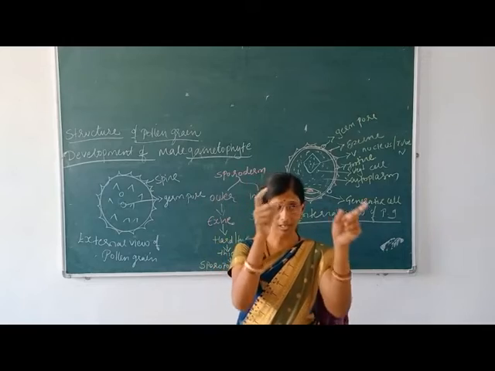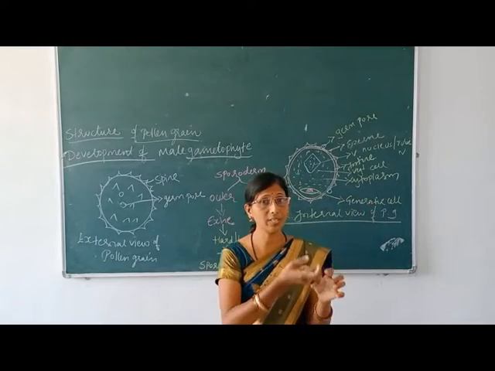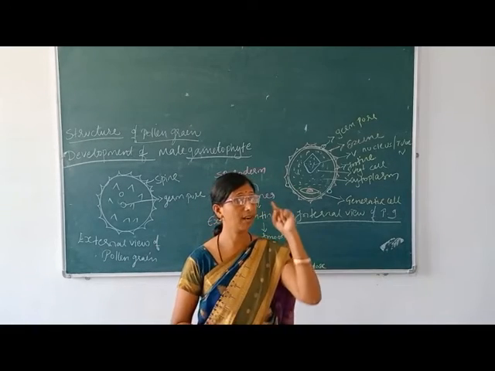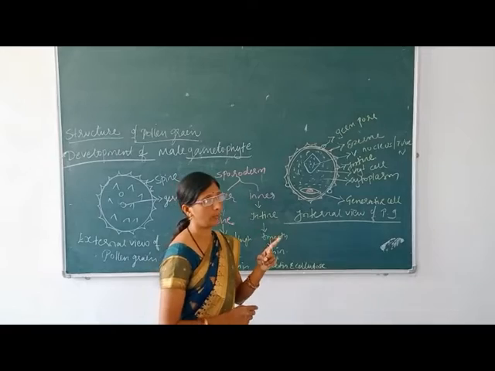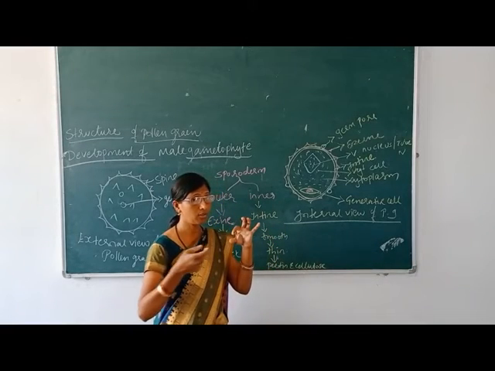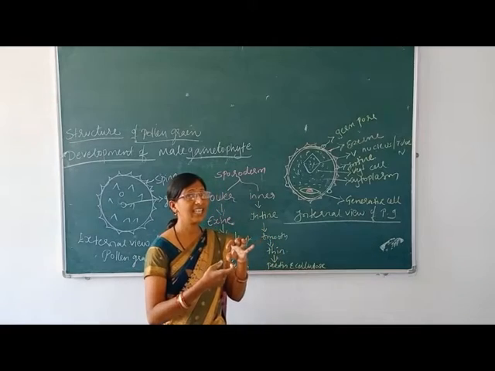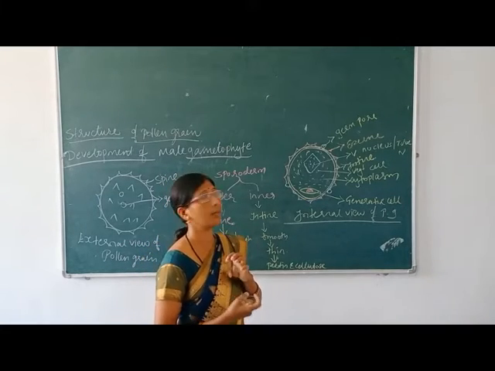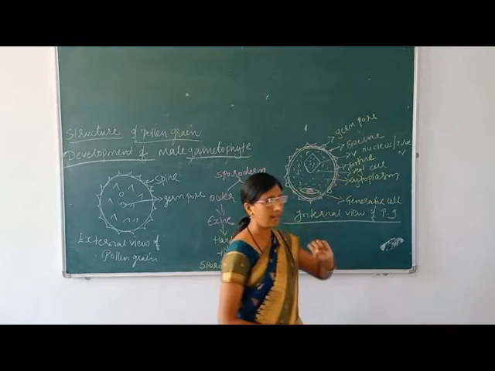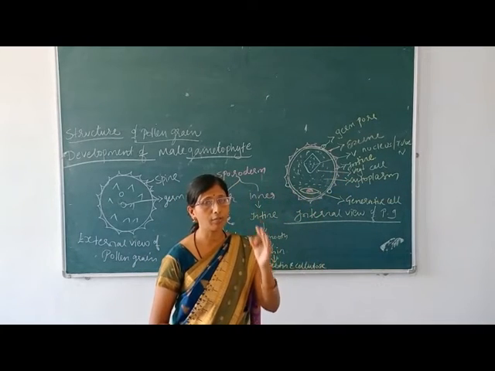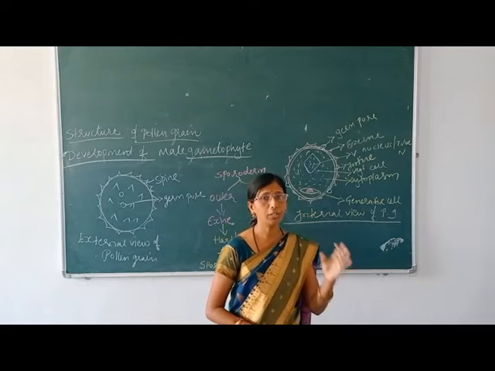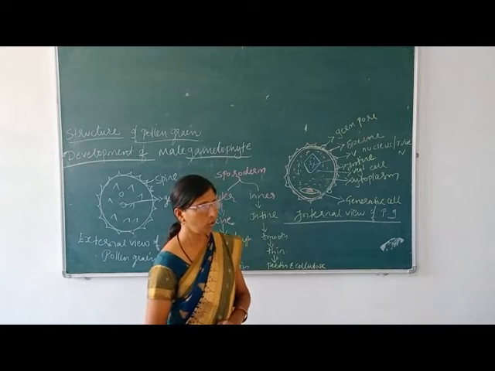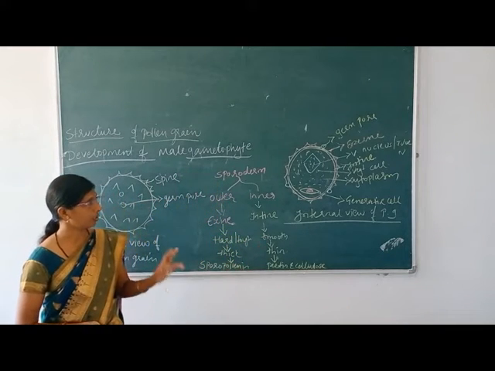In the previous class I told that the pollen tube emerges from the germ pore. Remember this one: the pollen tube comes out from the germ pore, but it germinates from the intine. And one more cell helps to germinate the pollen tube, this is called the vegetative cell. The vegetative nucleus and vegetative cell also help in the growth of the pollen tube. Okay, this is the important function of the pollen grain.